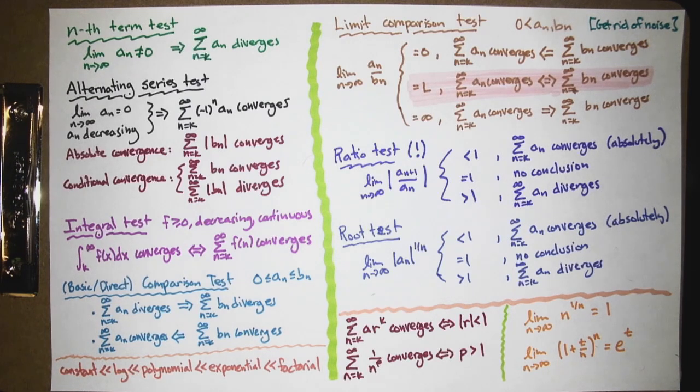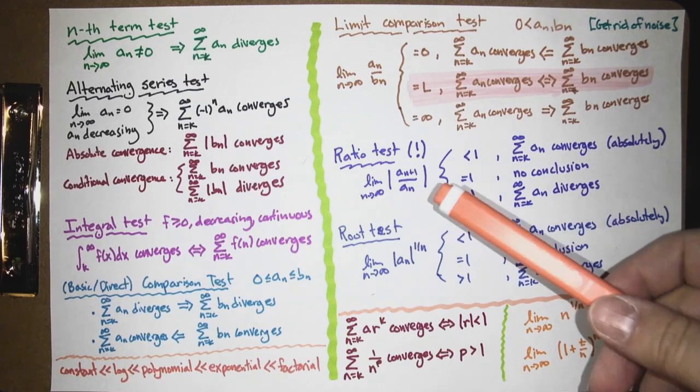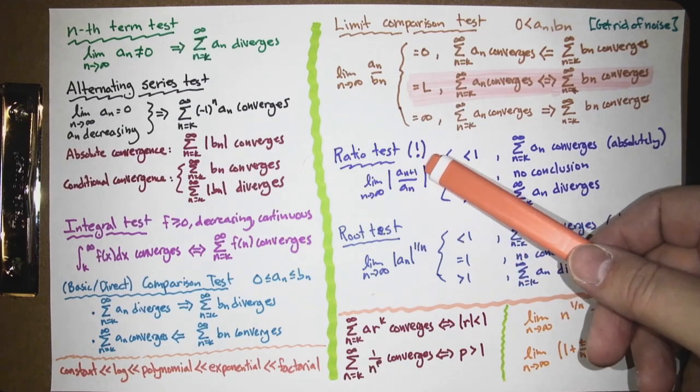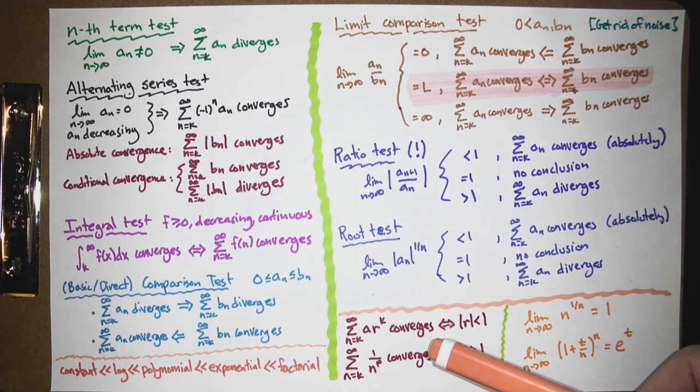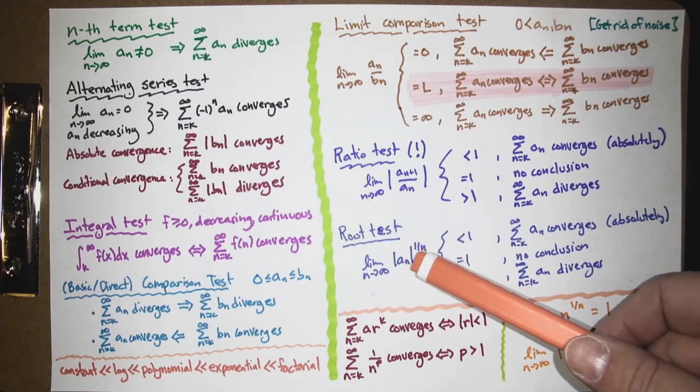Ratio and root test both have the same flavor. They say, if I were a geometric series, which geometric series would I be? So you're after some multiplying factor, which we call rho. In the ratio test, you take the ratio of the next term over the current term. In the root test, you take the nth root of the nth term.